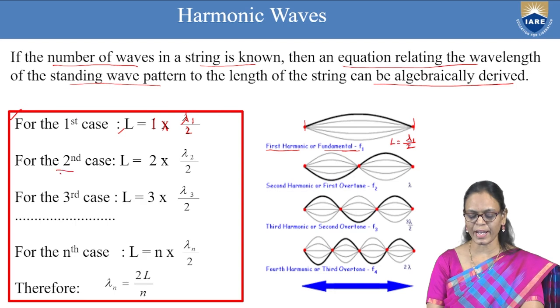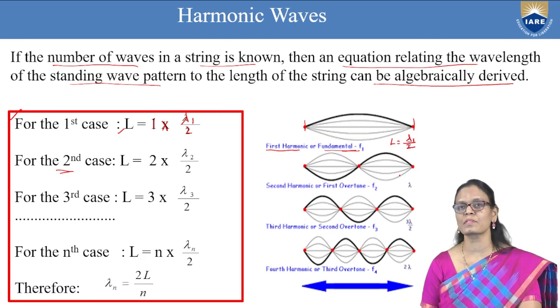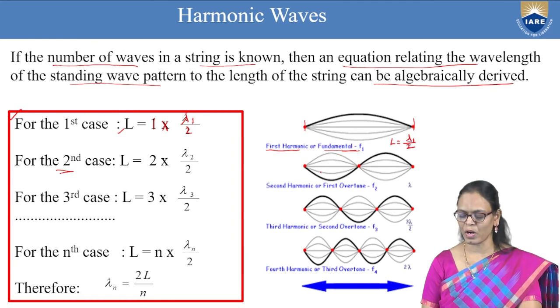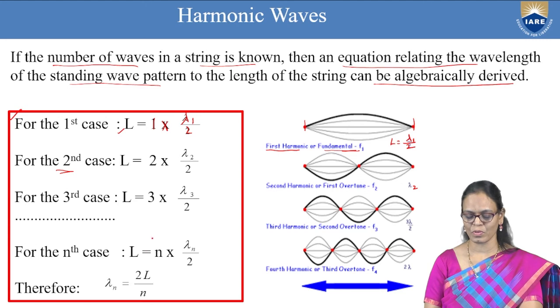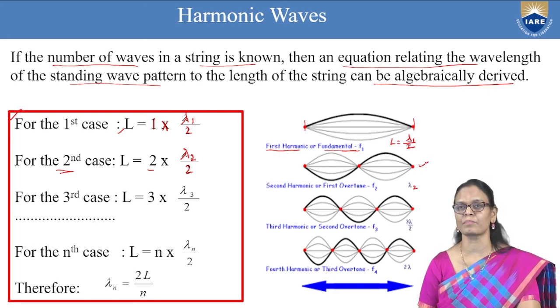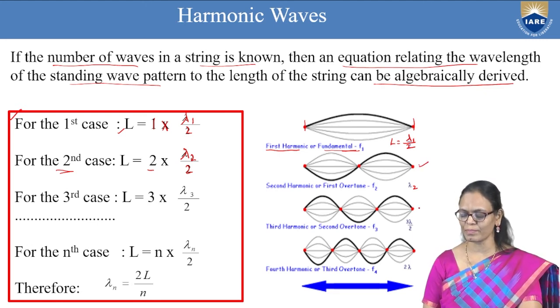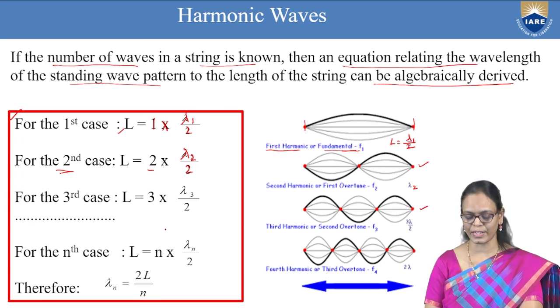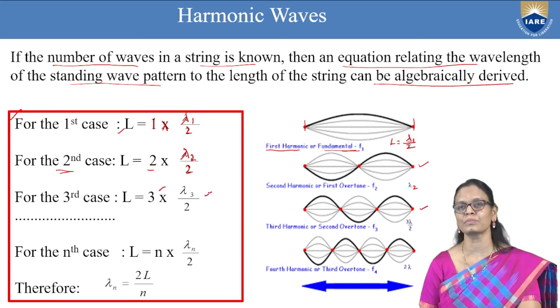Now for the second case, we have two loops and each loop is of lambda by 2. Because it is the second harmonic, I'll denote it with lambda 2. So we have 2 into lambda 2 by 2 for the second case. That is where we have two loops, the second harmonic. And for the third harmonic, we have 3 loops, so we write 3 into lambda 3 by 2.